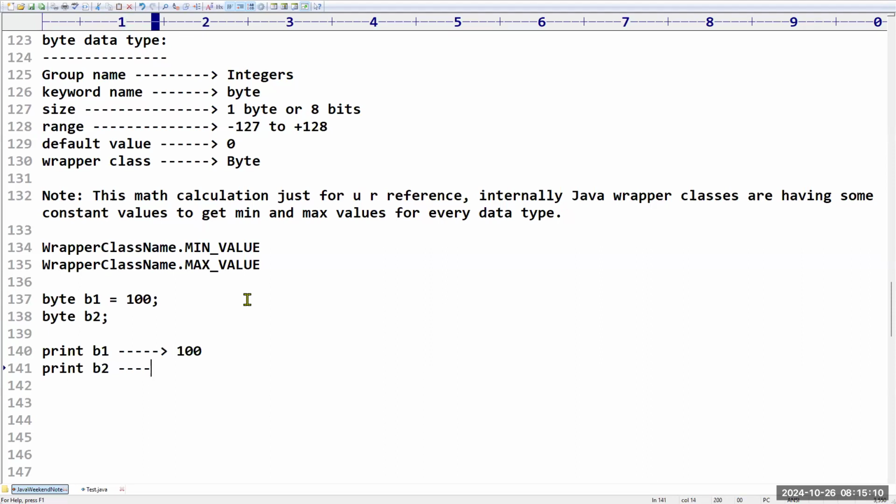If you print b2, what output will we get? 0. In other languages, we will get a garbage value, some random value. But here, if you are not assigning any value, Java provides a default value, which is nothing but 0. Understood, everyone? Please confirm.